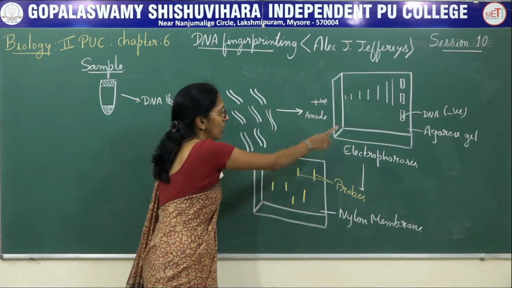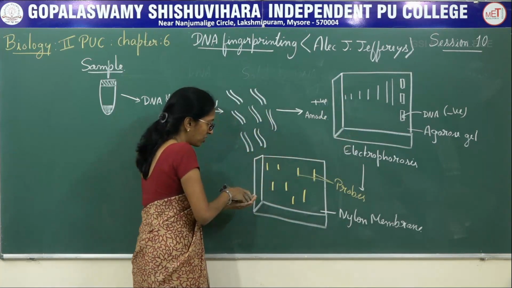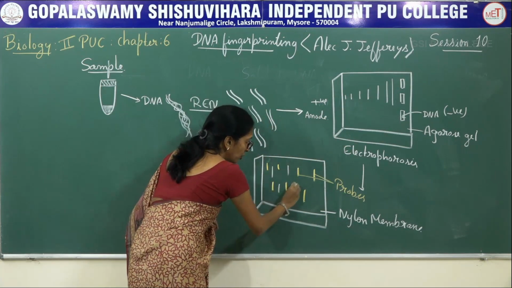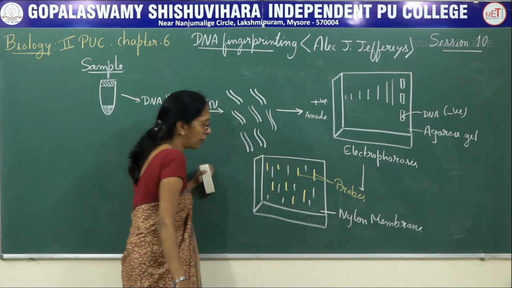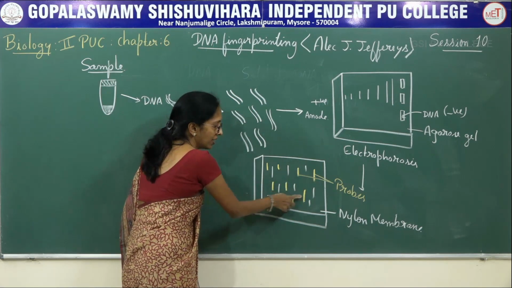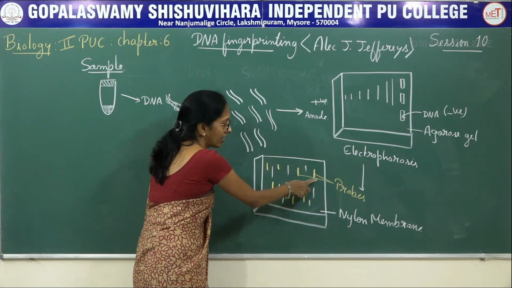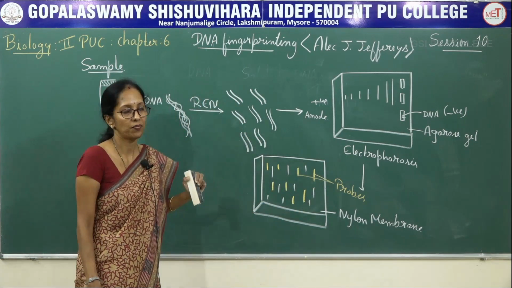So here, after electrophoresis, these DNA fragments are transferred to the nylon membrane, which contains artificially synthesized single-stranded radioactive labeled DNA, said to be probes.